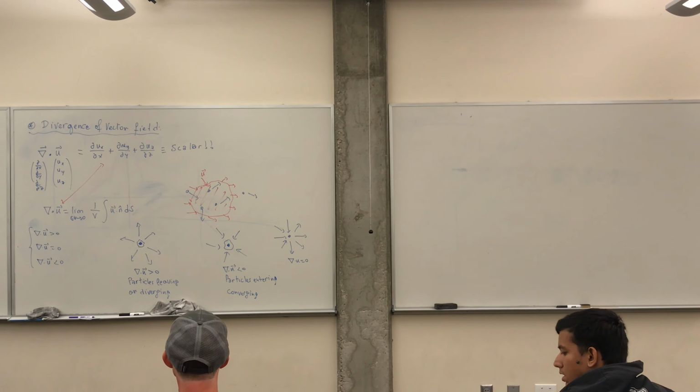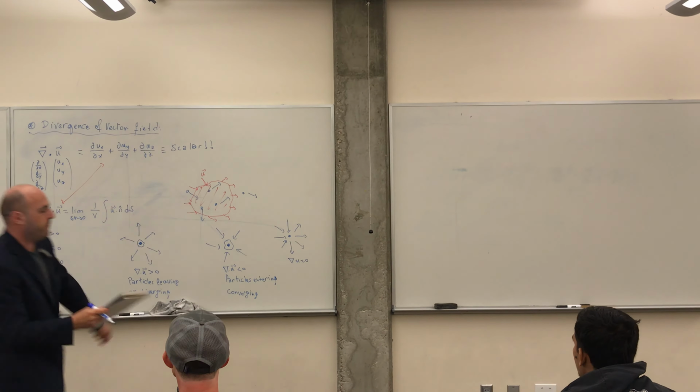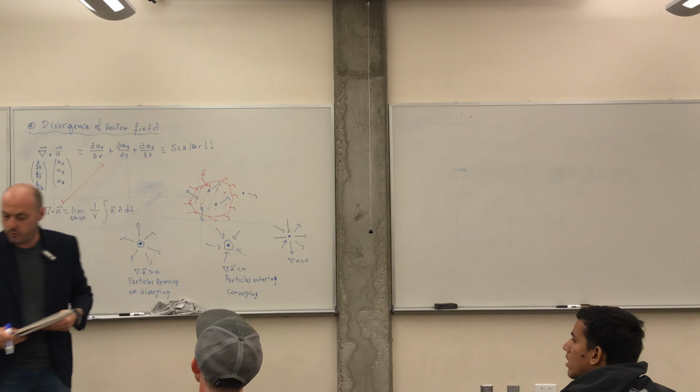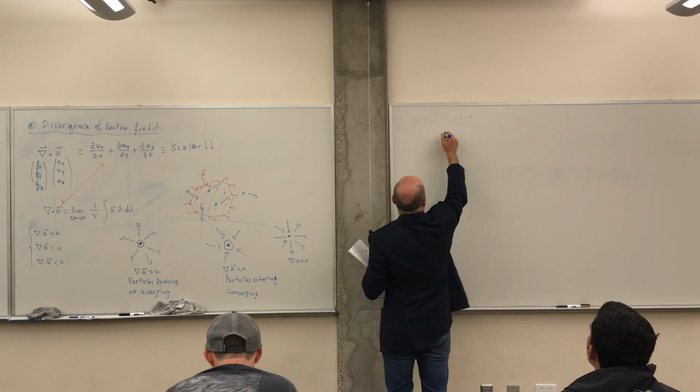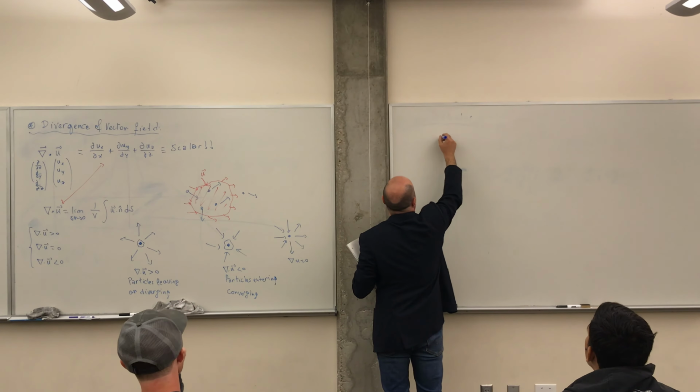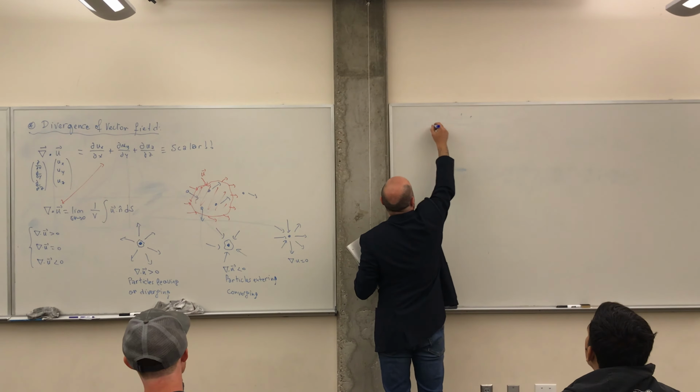So let's take just a couple of examples, and I'll ask you what each means. I want you to think about the following, and these are equal size vectors here. What is the sign of div u here? Positive, negative, or 0?